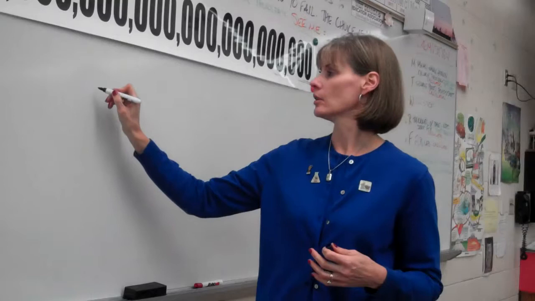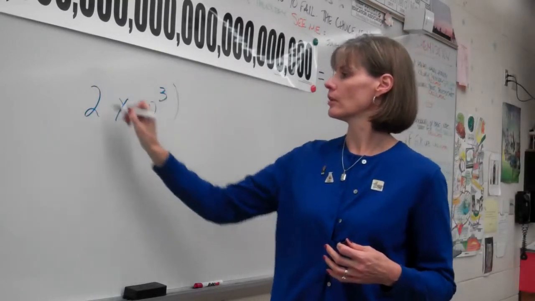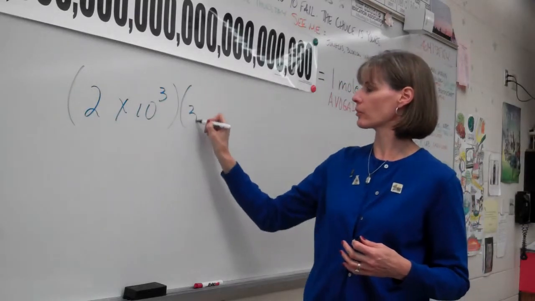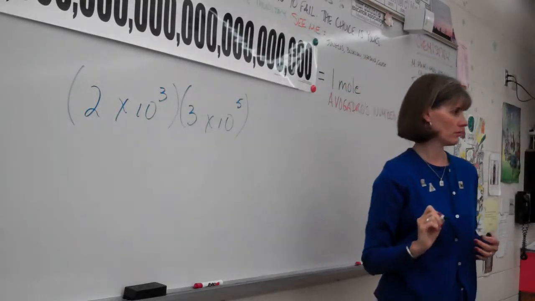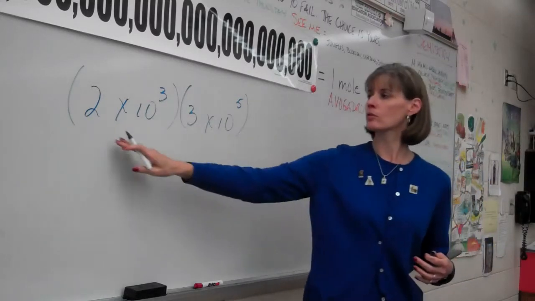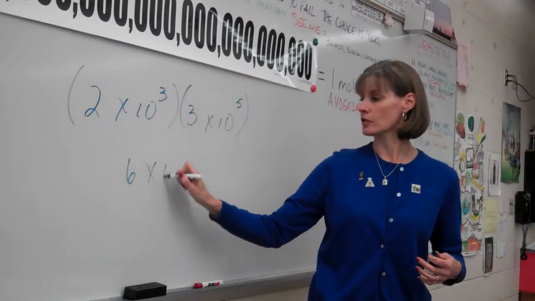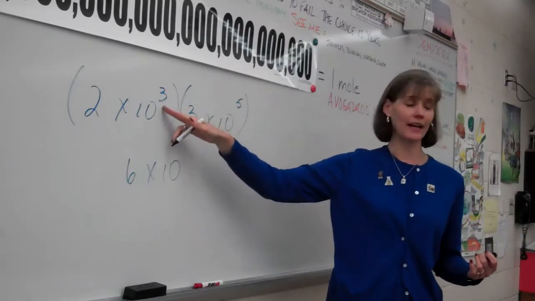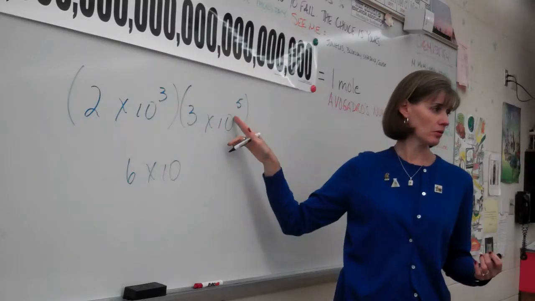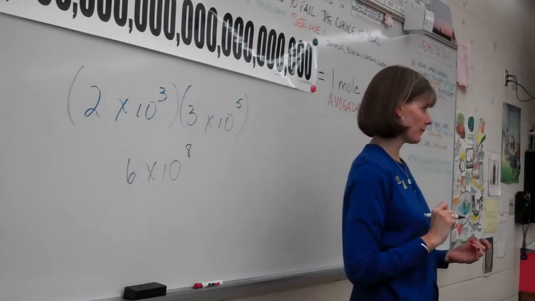Say we have 2 times 10 to the 3rd, multiplied by 3 times 10 to the 5th. Well, 2 times 3 is 6, times 10 to the something. We're multiplying, so we add our exponents. 3 plus 5, 8, right?